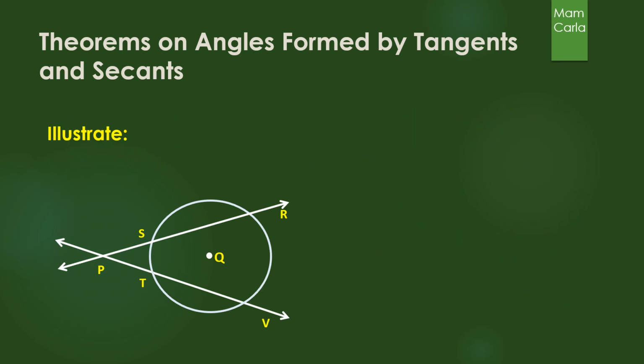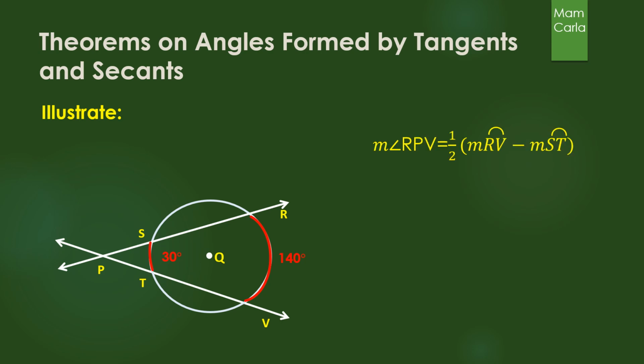Let us have this example. Given our circle Q, the measure of RV is 140 and the measure of ST is 30. Let us find the measure of RPV.